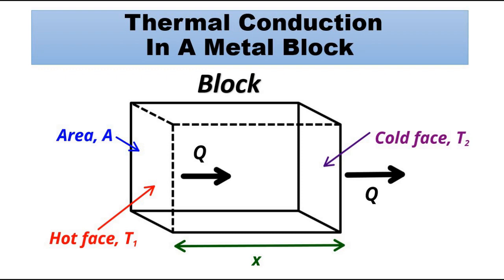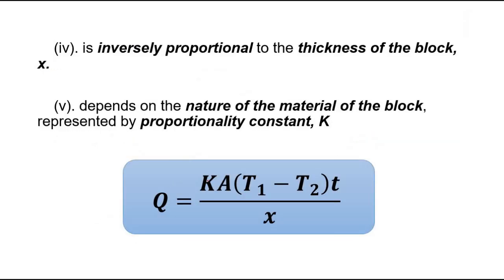So here a proportionality constant capital K comes into play. This represents the nature of the material of the block, whatever the material the block is made up of. So that is the proportionality constant capital K. So the heat flow relationship is expressed by K A (T1 minus T2) t by x.